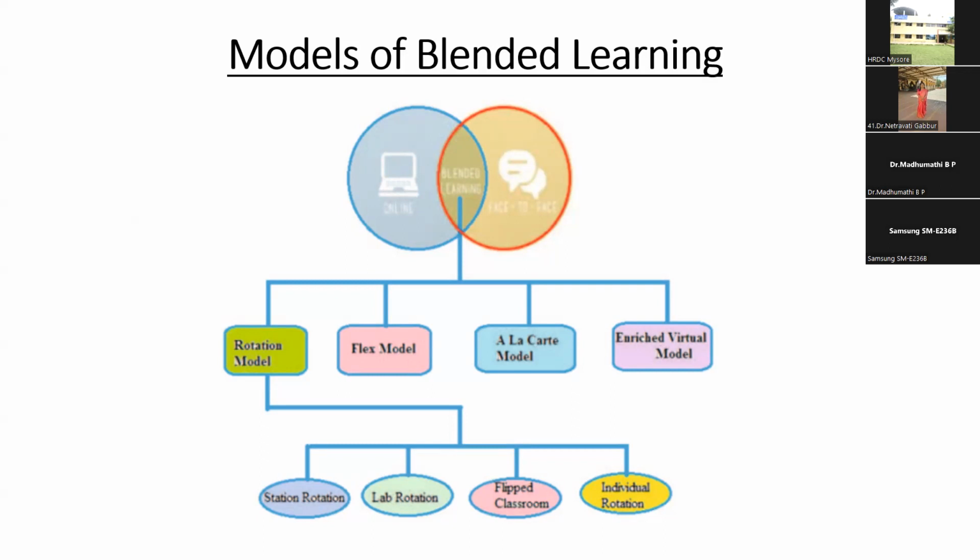If it is station rotation, we all know that under station rotation the students will stay wherever the class has been fixed for them, in the particular modalities, and at least one mode of learning will be the online mode, which is called station rotation.